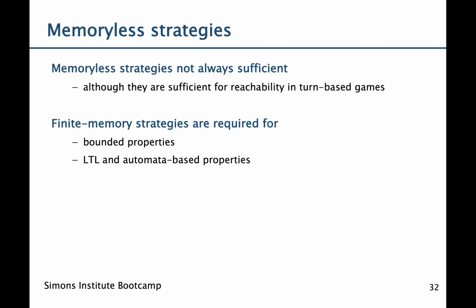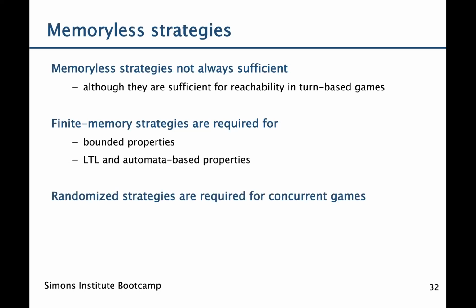Well, for example, if we want to reach a set of states within a certain number of steps, then if we've got a large number of steps left, it might be best to choose a longer route that has a higher probability. But if we've only got a few steps left, then it might be better to choose a shorter route that has a lower probability. It's also needed for both LTL and automata-based properties.